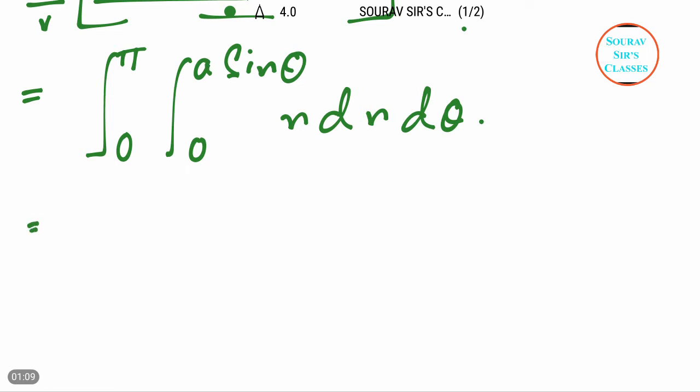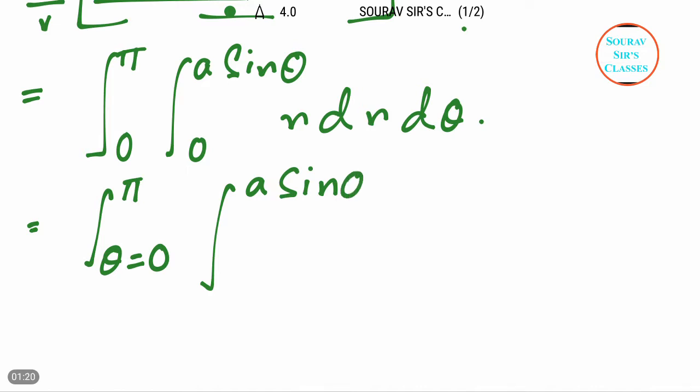Now we can write it as theta is equals to 0 to pi, and here r is equals to 0 to a sine theta, r dr d theta.